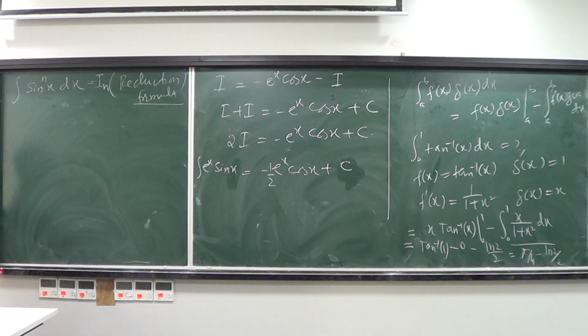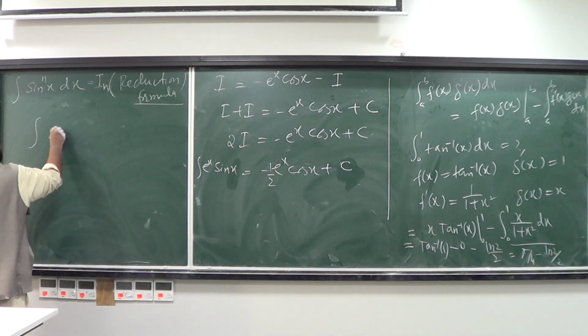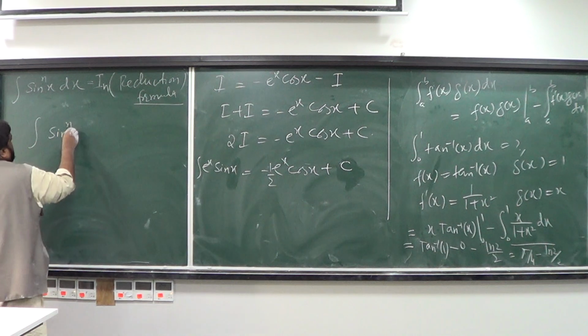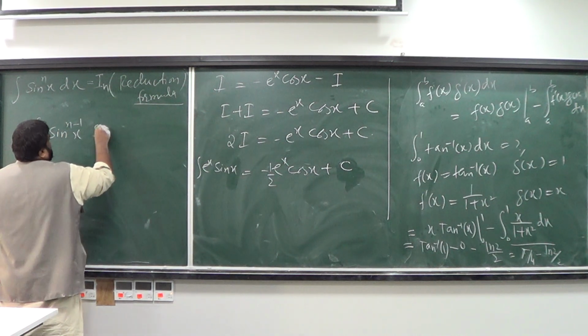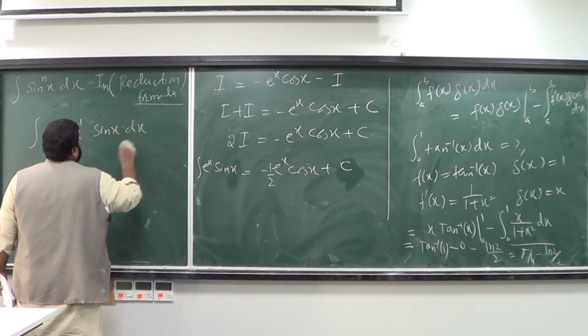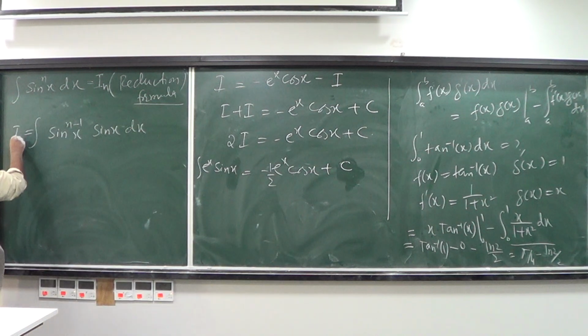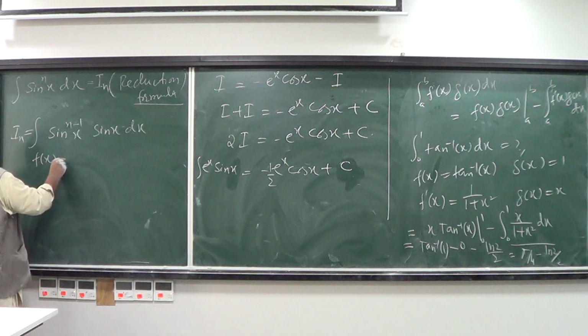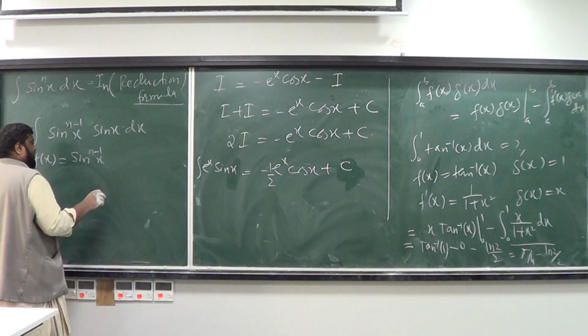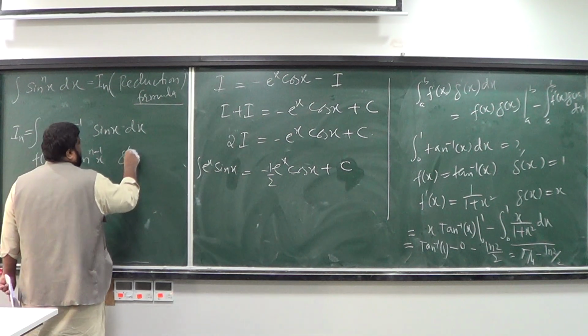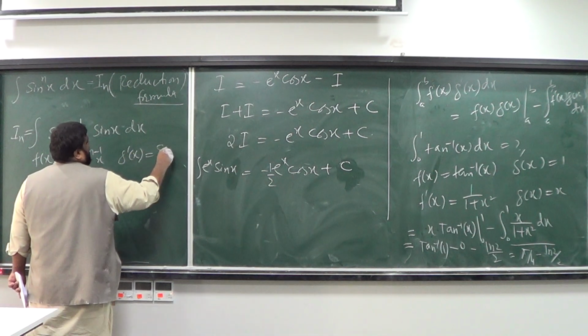So I want to apply integration by parts, so I can do this. Let's write sine n minus 1 x times sine x dx. This is really I n. I haven't changed anything, just made the product. Take f of x to be sine n minus 1 x, and g prime of x to be sine x.